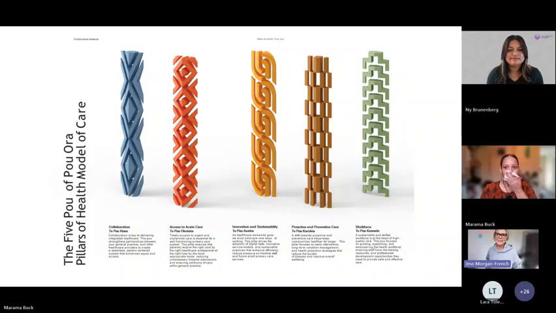Kia ora. No, I think it's been a real wild journey getting to a point of review and reimagining the healthcare home model of care and thinking about where to now for modernised general practice in Aotearoa. When I think about this model of care, it is really about how our practices can continue to serve the growing need in our community. Things have changed quite drastically over the last 5, 10, 15, 20 years, and our models of care need to continue to evolve and keep up with the changes within our communities.